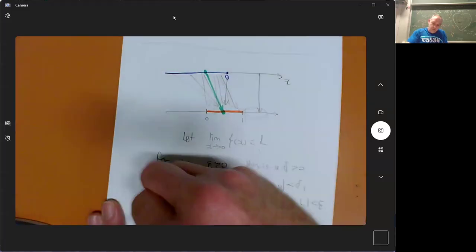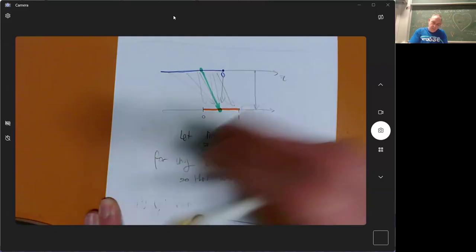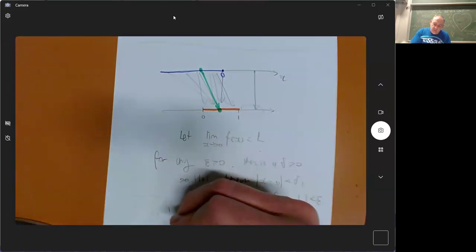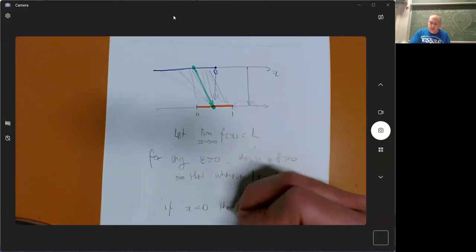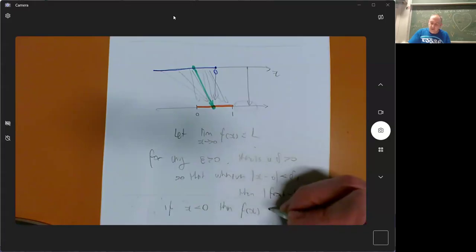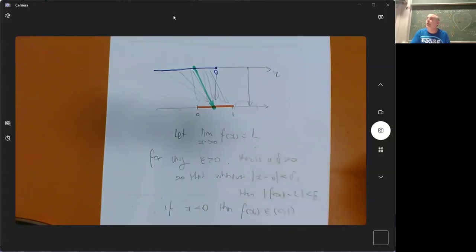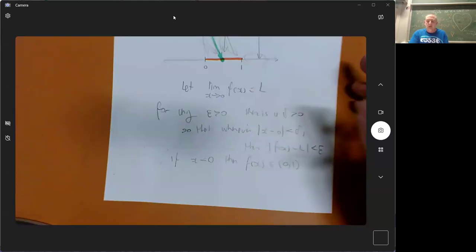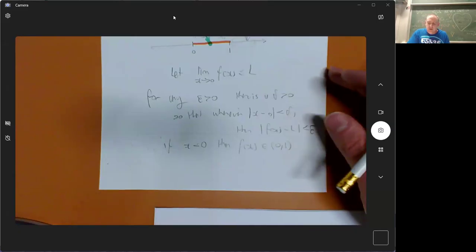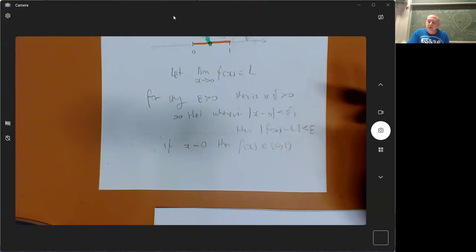So we do know that if x is less than 0, then f of x is between 0 and 1. We know this to be true. And so what that means is that given any epsilon, L has to be within that epsilon of something in 0, 1.